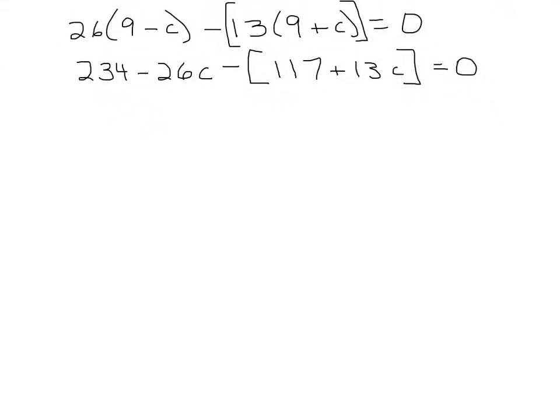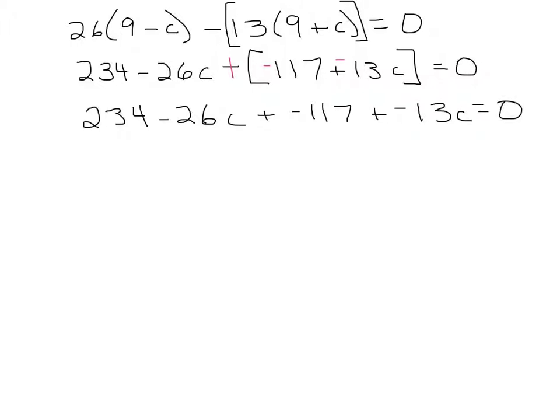Okay, so let's distribute the negative sign, and that gives us 234 minus 26c, and we can do it this way, change the signs of everything inside, plus negative 117 plus negative 13c equals 0. So now we have 234 plus negative 117, which gives us 117.